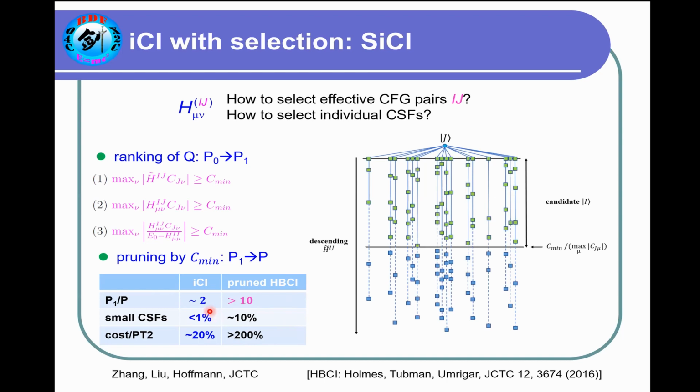In our case, it is much smaller. We have tested that our selection takes about 20% of the PT2 CPU time, but the heat-bath CI type is more than a factor of 2 more expensive than PT2 correction.